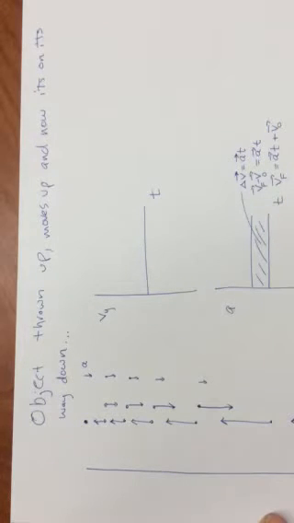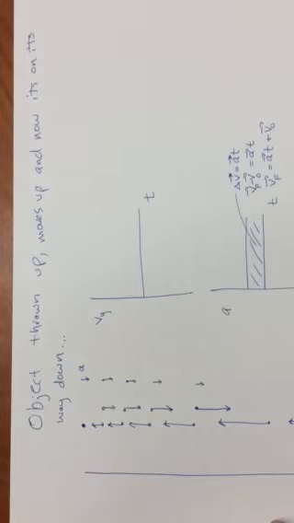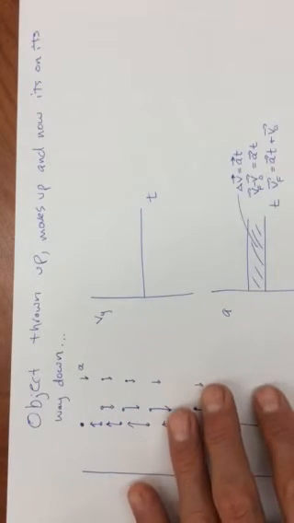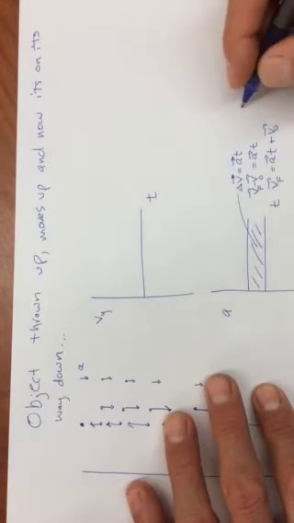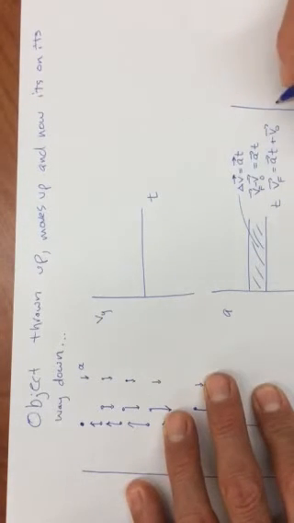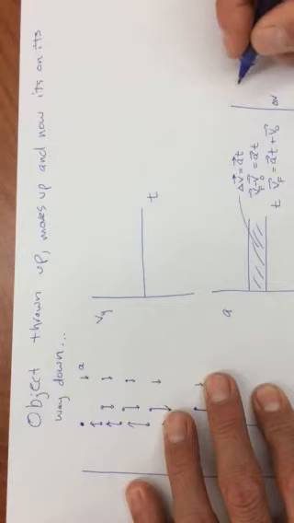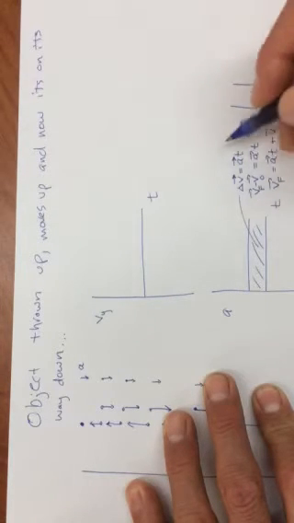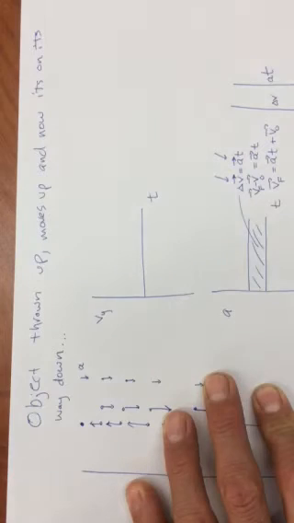Okay? I can illustrate this pretty simply. If my change in velocity vector looks like this, then that is identical to my at vector, right? These vectors have the same magnitude.